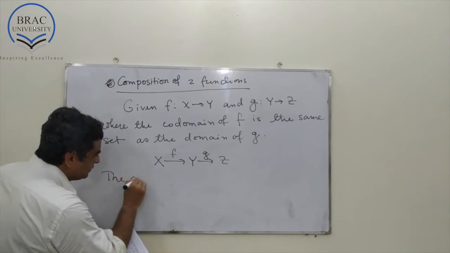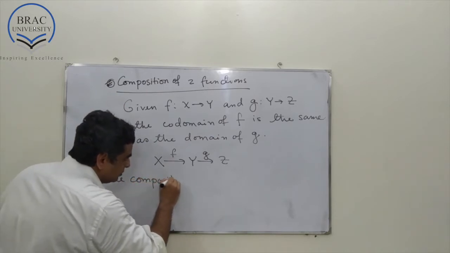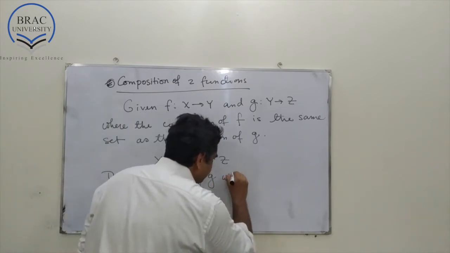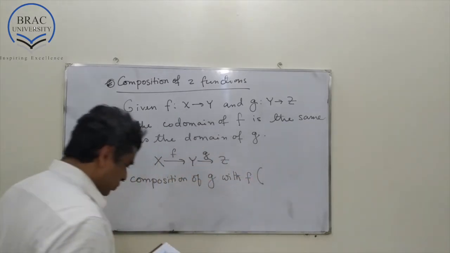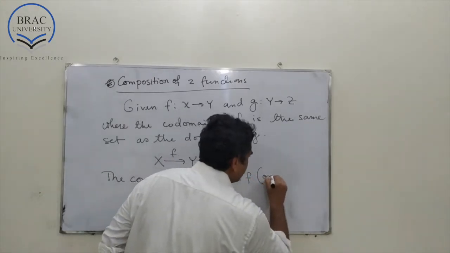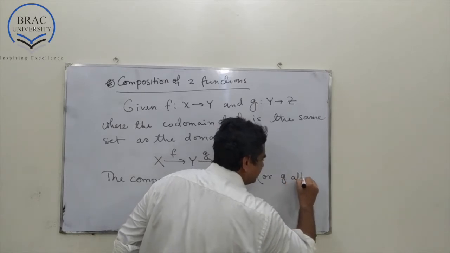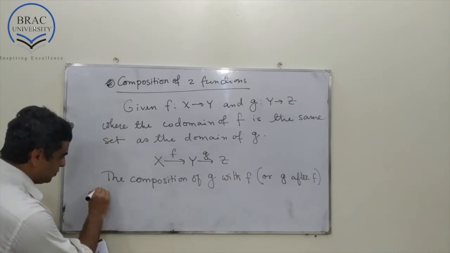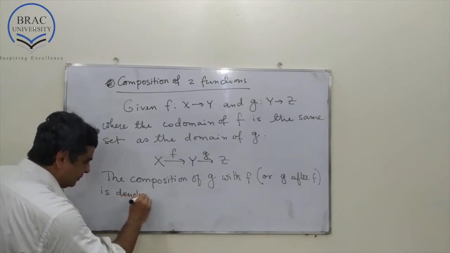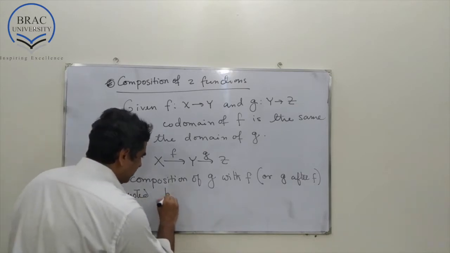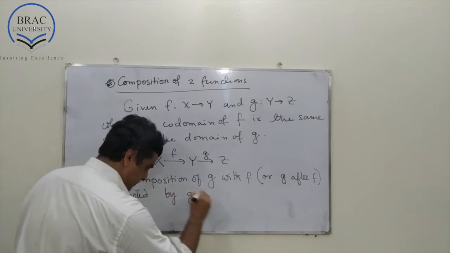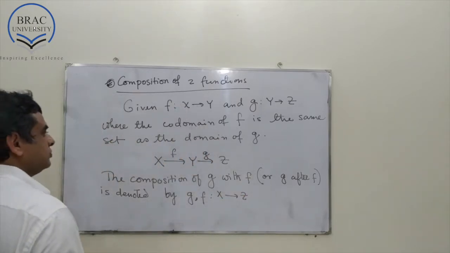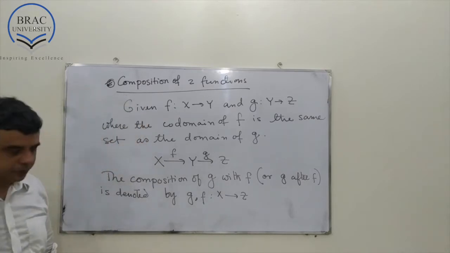The composition of g with f, or it can be read as g after f, is denoted by g circle f from X to Z. Okay?